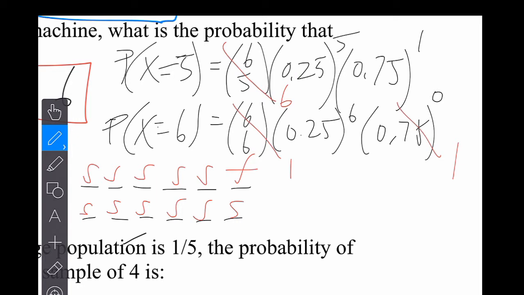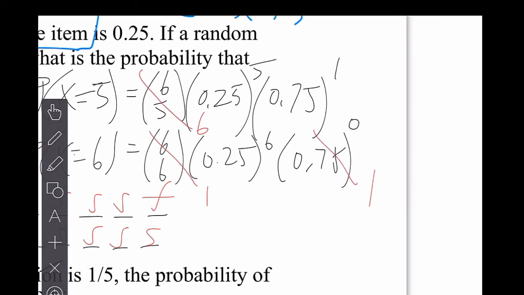So let's get the results. Punching it in.